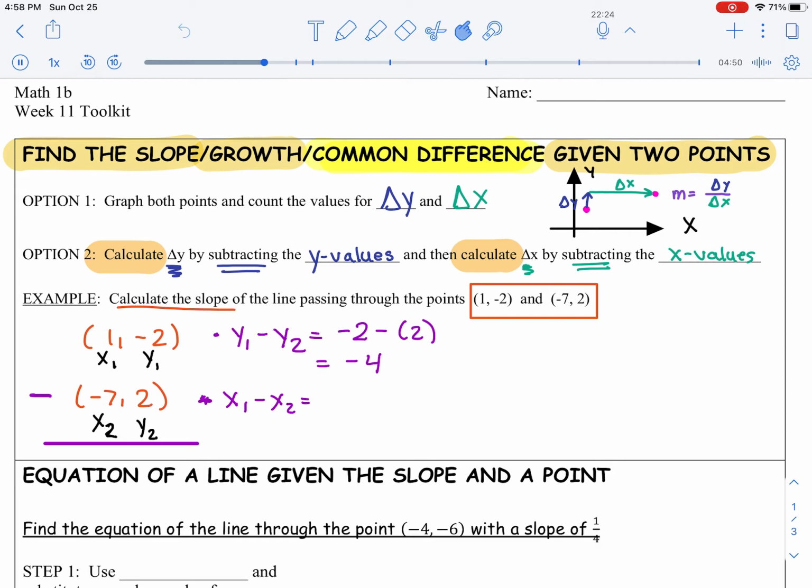But x1 minus x2 is 1 take away -7, or 1 plus 7, which is 8. Now I know that -4 must equal the change in y, since I found that by subtracting the y values. And we also know that 8 must equal the change in x, since I found that by subtracting my x values.